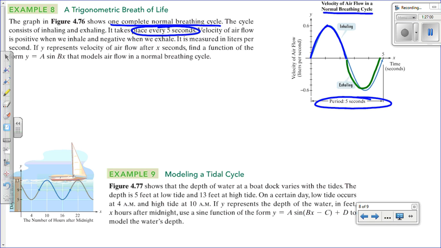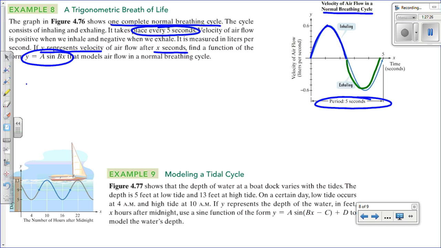If y represents the velocity of airflow after x seconds, find the function of the form y equals a times sine of bx that models airflow in a normal breathing cycle. So we're going to have to come up with our own equation.